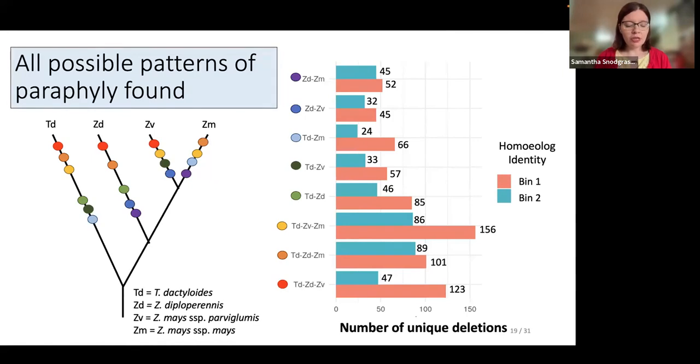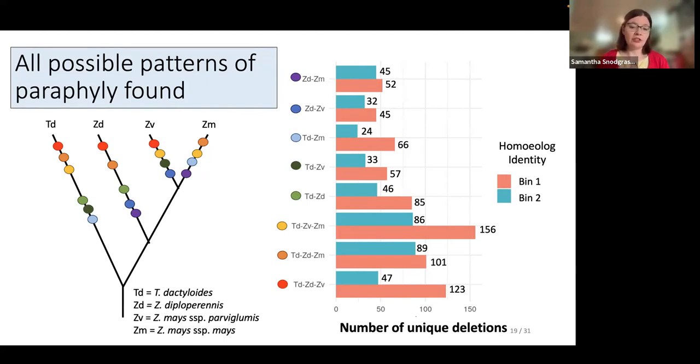My two hunches are, one, that this has to do with the fact that we're summarizing all of the deletions and not differentiating between if a homeolog has experienced multiple deletions or has multiple calls within it, that would give rise to paraphyly when in fact it's two separate events.